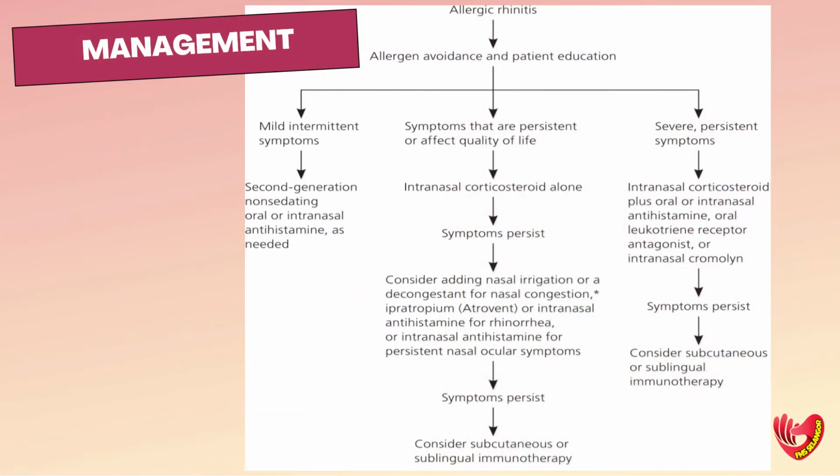Management of allergic rhinitis involves allergen avoidance as the primary step to prevent symptoms and reduce medication use. For mild intermittent symptoms, second-generation non-sedating antihistamines, oral or intranasal, are recommended. Persistent symptoms or those affecting quality of life should be treated with intranasal corticosteroid with the option to add a nasal decongestant and intranasal antihistamine if needed.